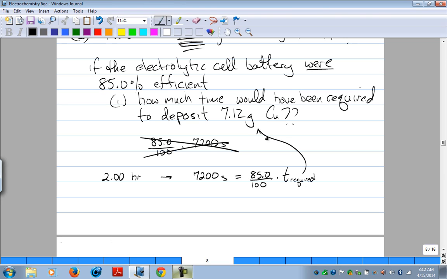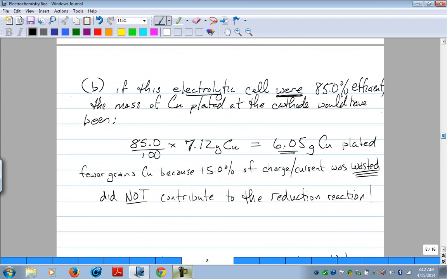It's not 100% of the time required. We're at 7,200 seconds, and we're 85% there. How do we know we're 85% there? Because they're telling you it's 85% efficiency. How do you know we're 85% there? Because 6.05 grams is 85% of 7.12 grams of copper.